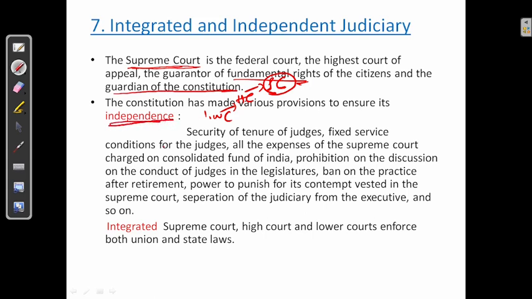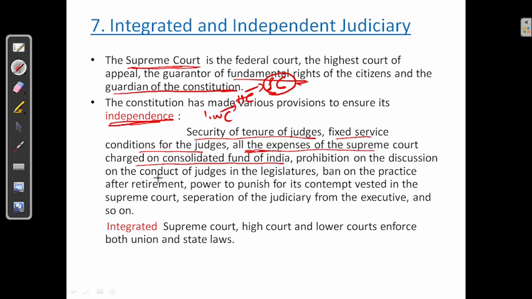So independent judiciary, we'll see the provisions under it. Security of tenure of judges. There is a security of tenure for the judges. Next, fixed service conditions. All expenses of the Supreme Court are charged on the Consolidated Fund of India. Their expenses cannot be voted because they are charged on the Consolidated Fund of India.